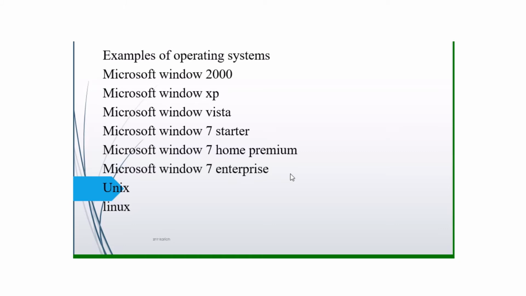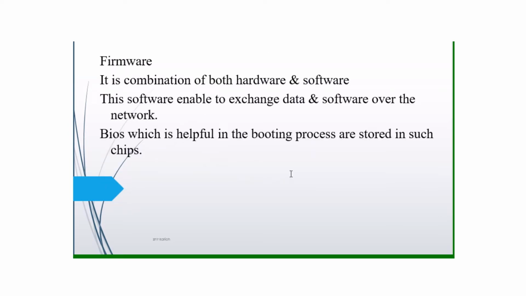For example, XP and the service pack 1, 2. You also have Microsoft Office, which has versions such as Starter, Home Basic, Enterprise, Professional, Ultimate, etc. Then you also have the Unix-based operating systems and the Linux-based operating systems.